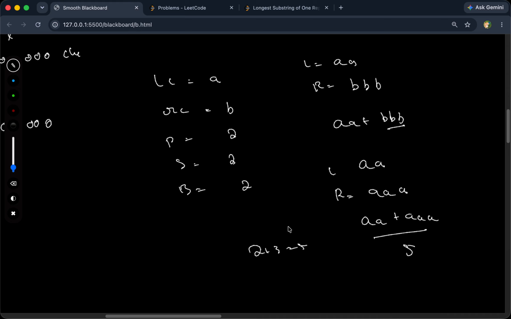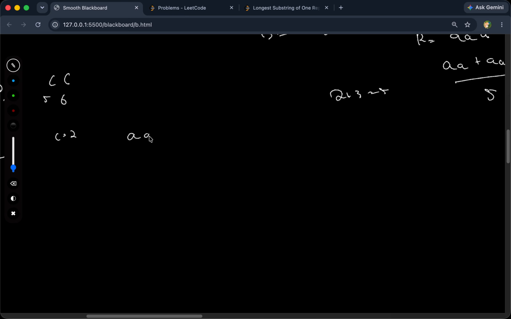Okay, so this is the main reason we store prefix and suffix. Why are we storing prefix and suffix? Because when we combine two segments, a repeating group can cross from the left segment into the right segment. If the left segment ends with the same character that the right segment starts with, we can join those two groups.